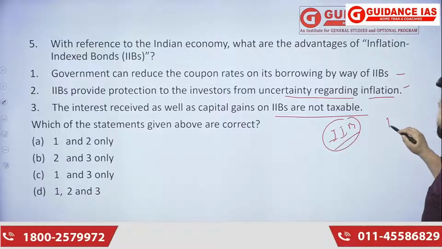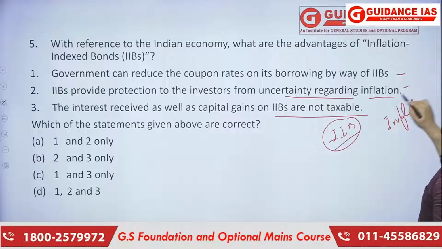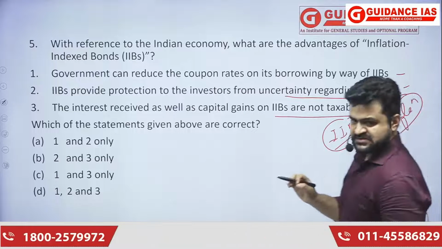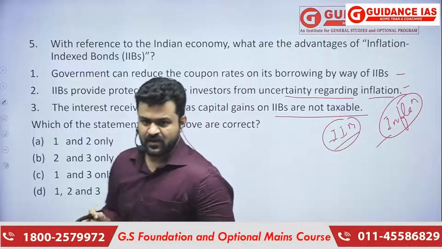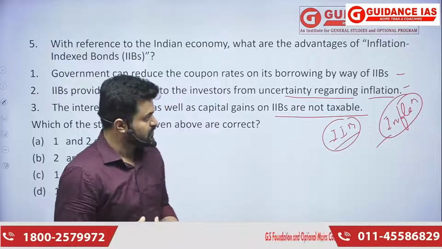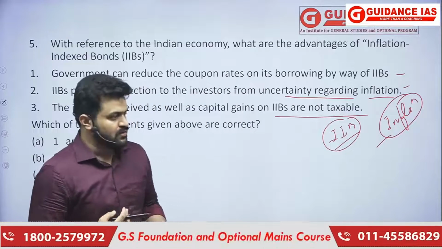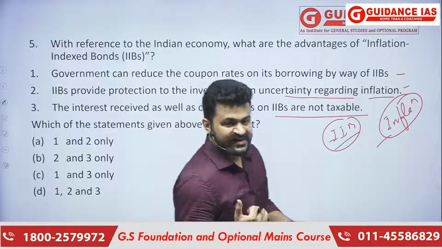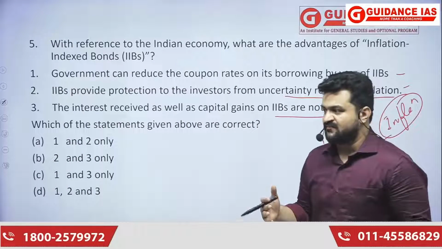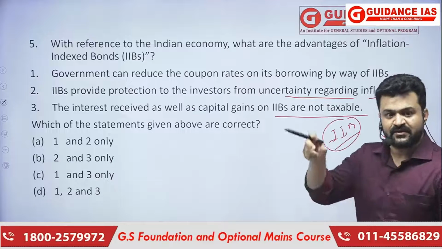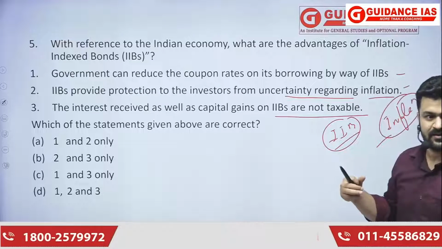Because in case of inflation, what happens? Inflation reduces the willingness to save and also the capacity to save. When there is inflation, then people are less willing to save, because when they save because of inflation, the real interest rate that they are going to get is going to be low.